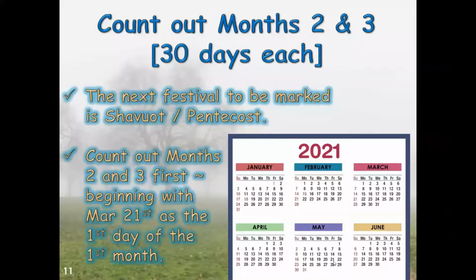I have May the 21st, I think, or am I not seeing this right? I have the 20th. Yes, I counted the 20th as the last day of the first month. No, April 20th is the first day of the second month.